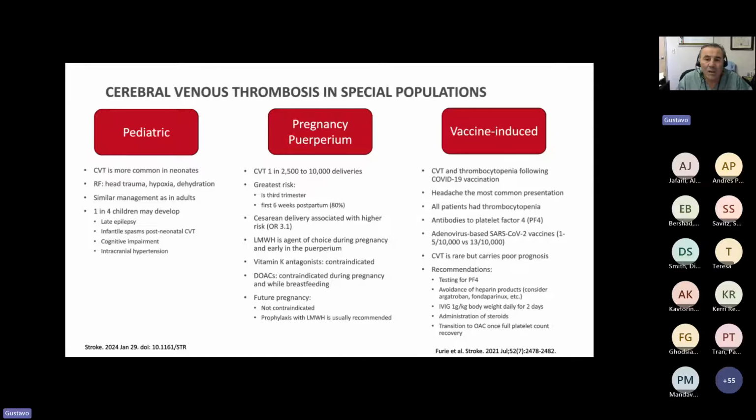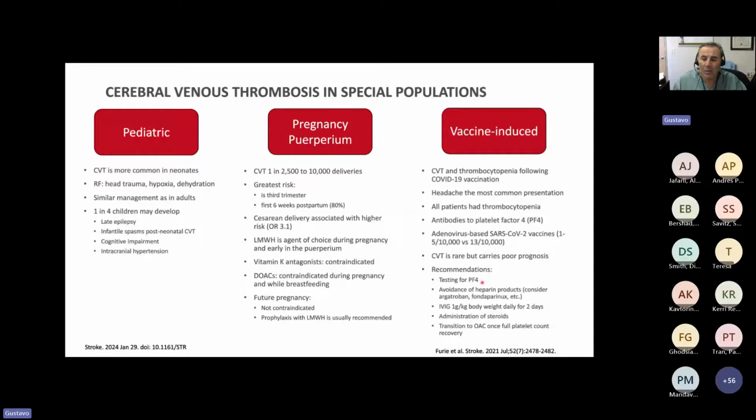Finally, vaccine-induced cerebral venous thrombosis is something very similar to HIT, or heparin-induced thrombocytopenia. The difference is that you not only identify thrombocytopenia, you have the exposure to the vaccines, usually adenovirus-based vaccines. You can test for PF4, and that can help you make the diagnosis.